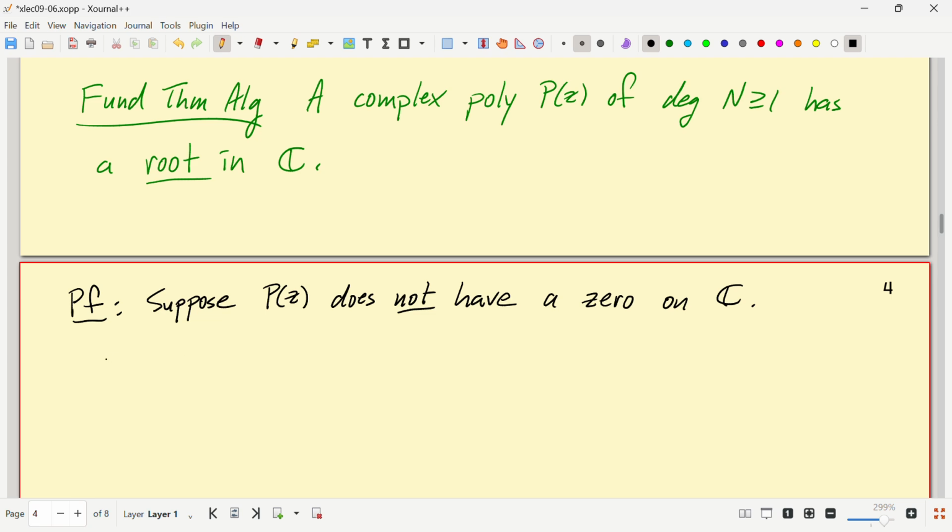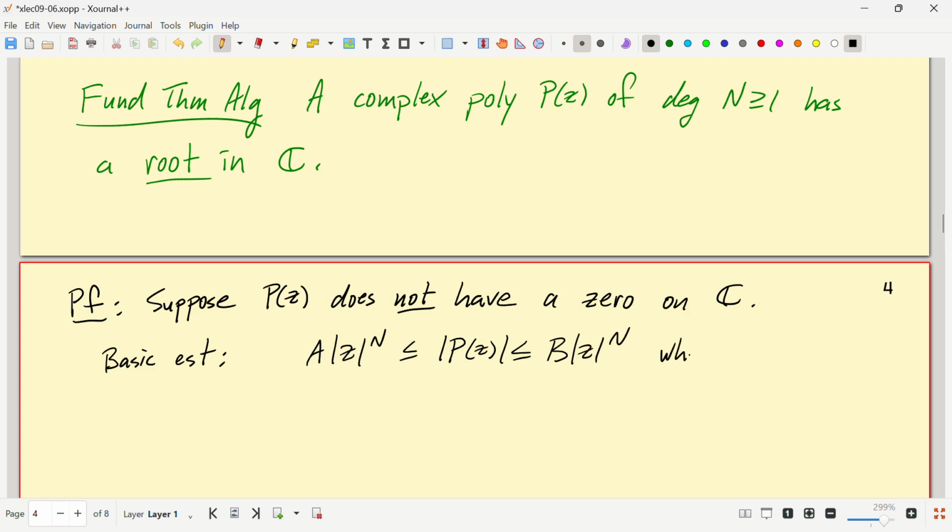Well, then we get the basic polynomial estimate. Namely, we would have a mod z to the n less than or equal to mod P of z less than or equal to b mod z to the n when mod z is bigger than or equal to R.